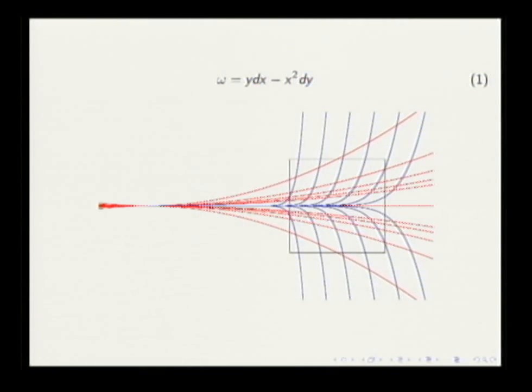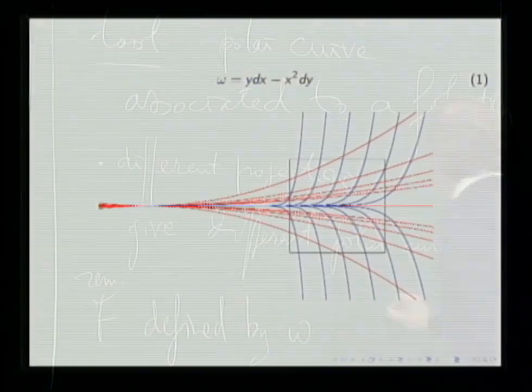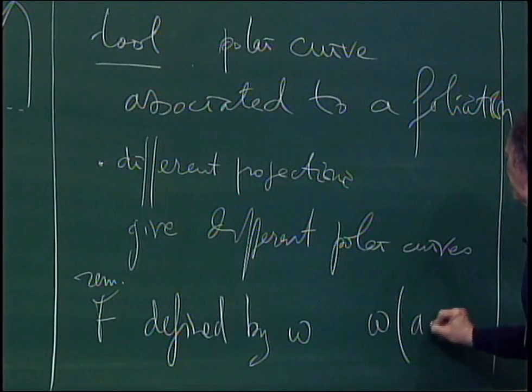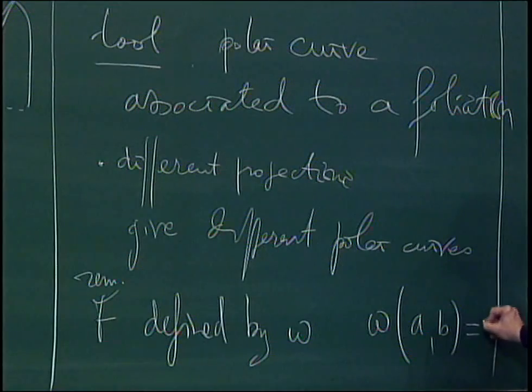And I just zoom at a place which looks interesting, where all these polar curves are. But then I should define a polar curve for a foliation using omega, and this is very easy. It's just taking omega over the vector equal 0.